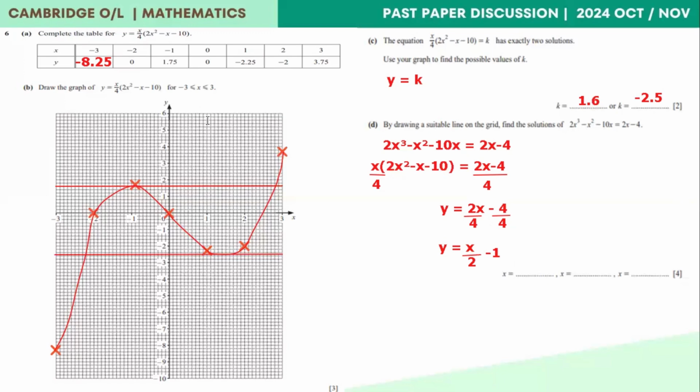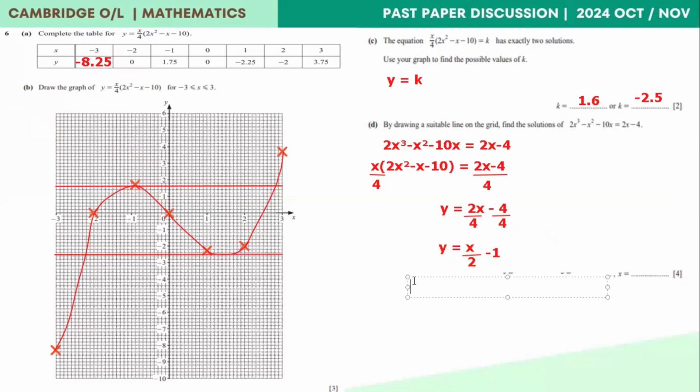So this is the line that we are going to draw. This is the intersection line that we are going to draw, and that line will have 3 solutions. Now to draw this line, we have to find some points.